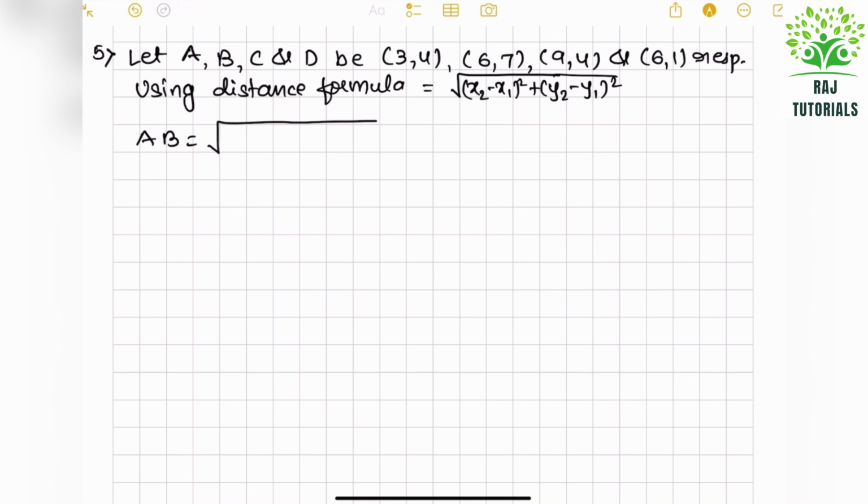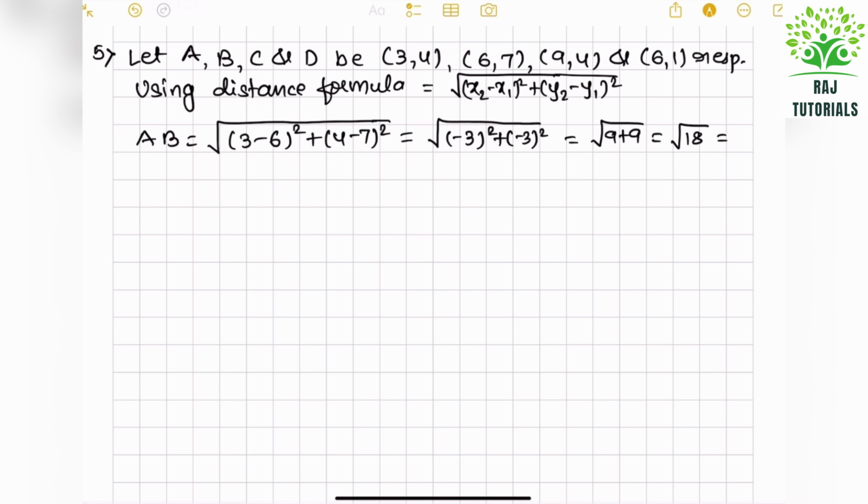Now I am finding first AB. So AB is 3 minus 6 whole square plus 4 minus 7 whole square. So that will come as -3 square plus -3 square. So 9 plus 9, so root 18. So 3 root 2, I have taken 9 outside as 3.